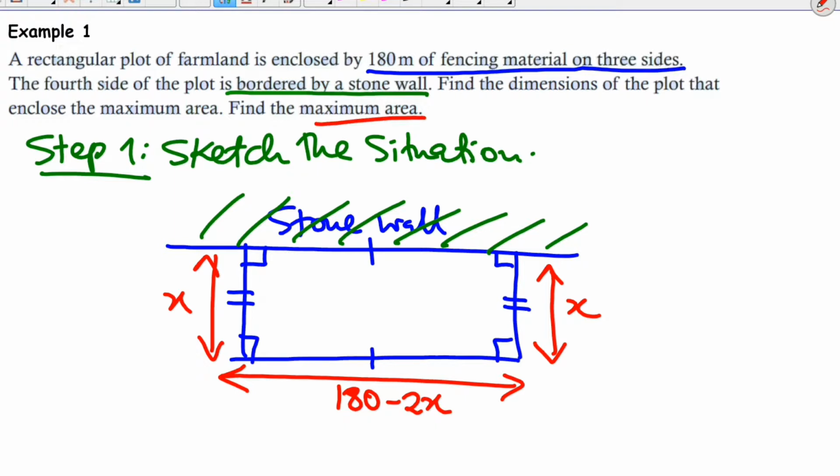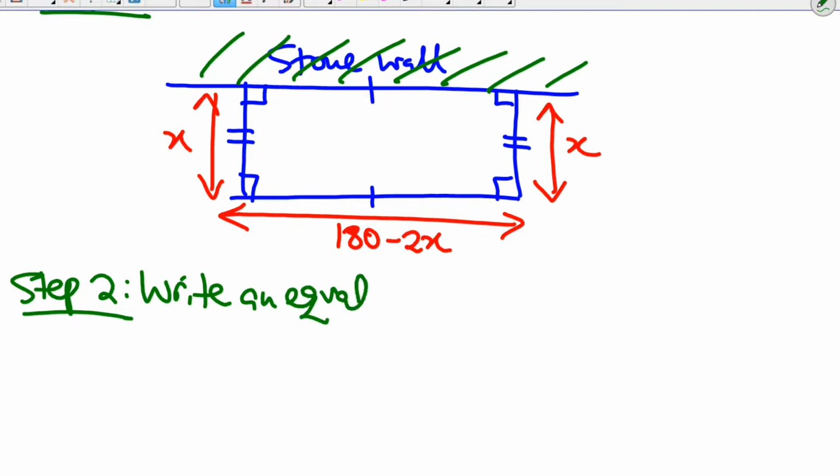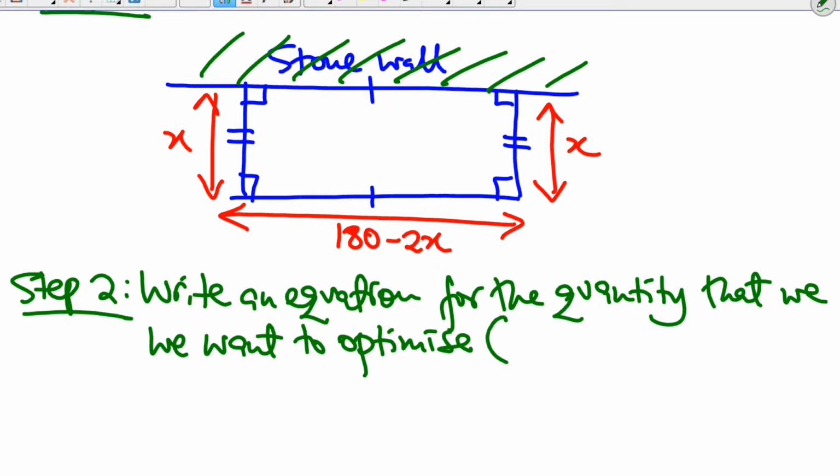So step 2 is writing an equation for the quantity that we want to optimize, and this is the area.